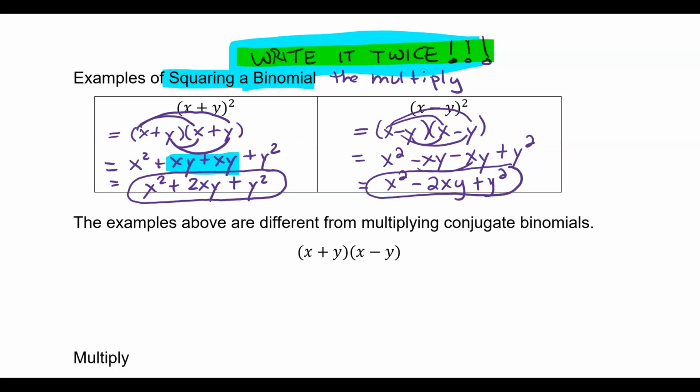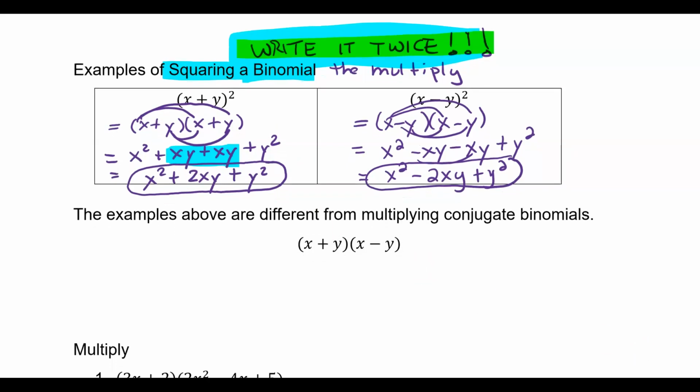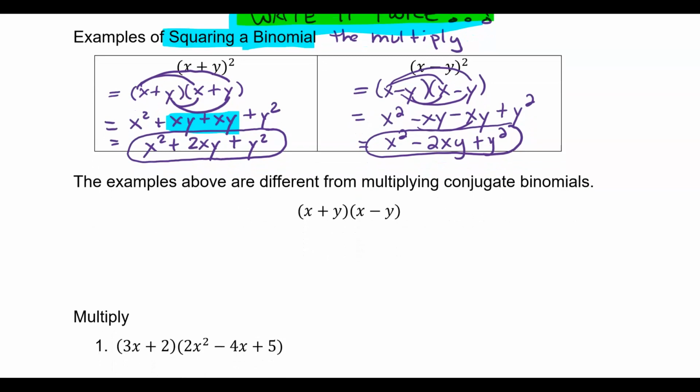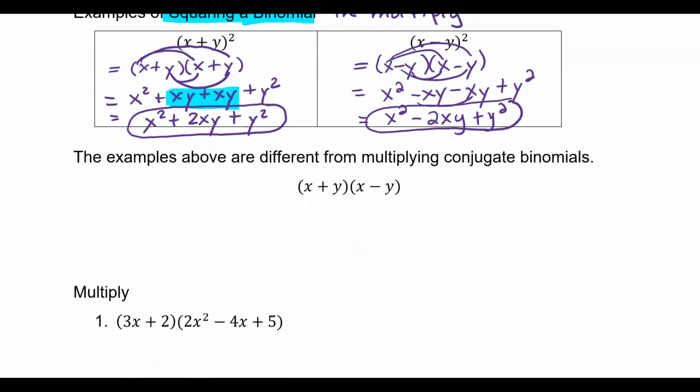Now, the next problem, we don't have the same sign. We have the opposite sign. So up here, we have the same sign, notice, because we are squaring the same thing. But here, notice that we have opposite signs. We're multiplying two binomials.